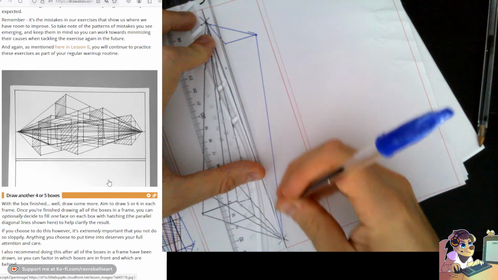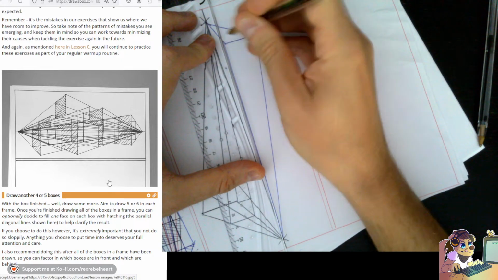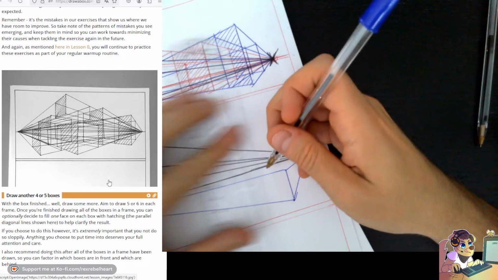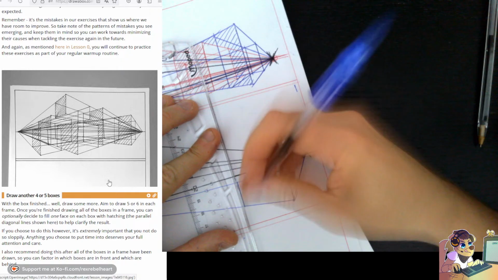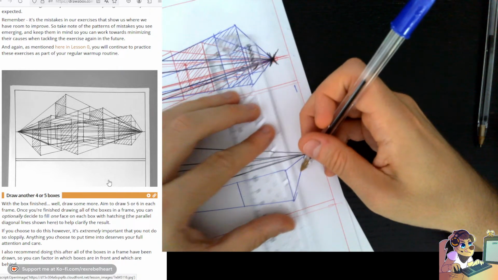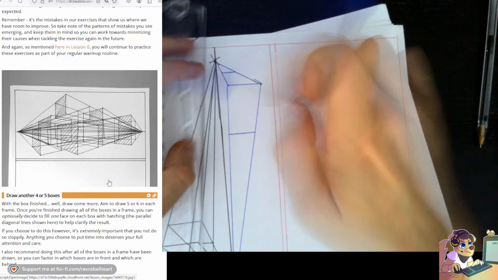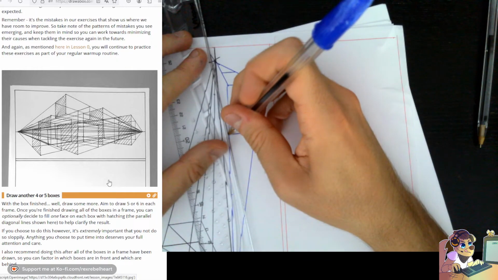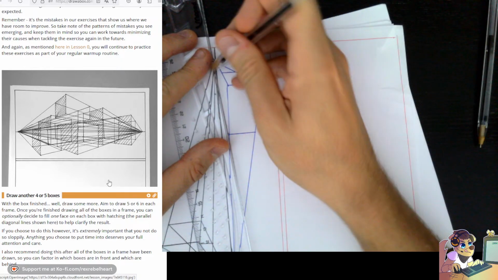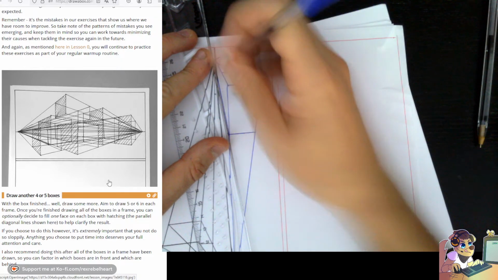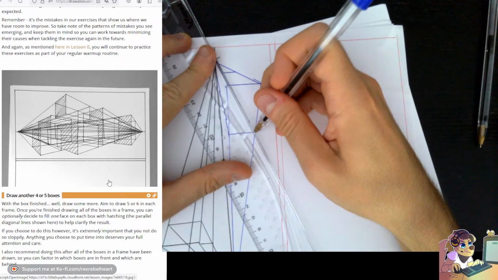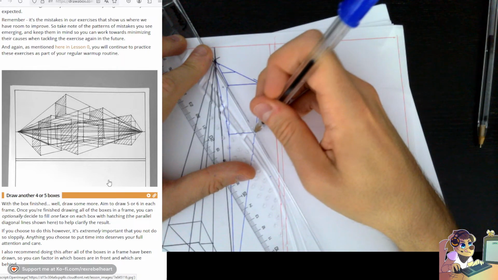Dude, the party's with drawing the boxes, you know? That's what they say. They say that the best parties all involve drawing boxes.